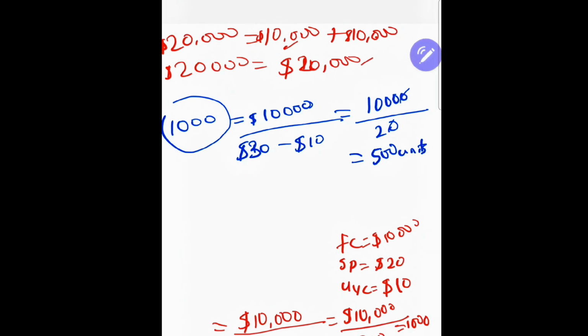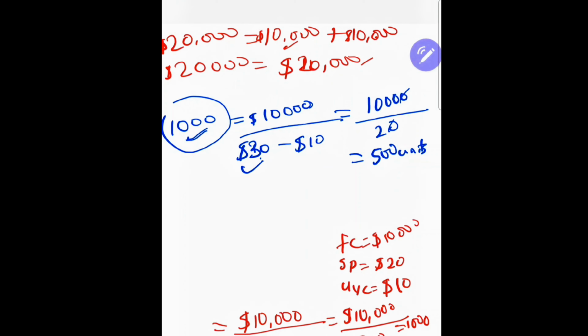So that means if you increase your price to $30, the total you need to sell will be just 500 units to break even. But if you have the capacity to sell 1,000 units, and selling 1,000 units is not a problem to you, if you're able to sell these 1,000 units at this price, then you'll be making profits.